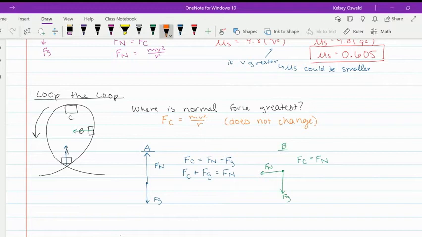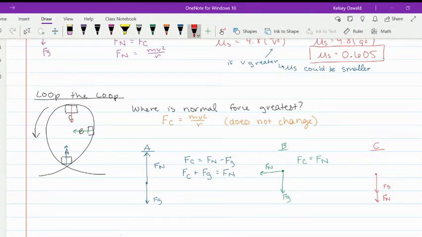And then last but not least, for our motion at C at the top of the track here, we're going to have two forces pointing down. Because here we still have our force of gravity pointing down. But since the track is above that cart now, that track itself is going to be exerting a force down on that cart. So here our normal force also points down.